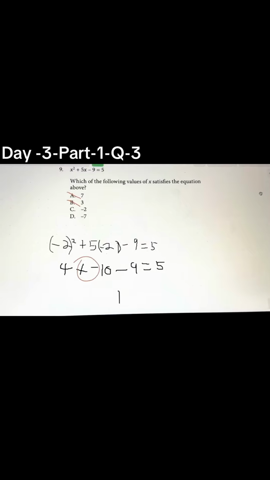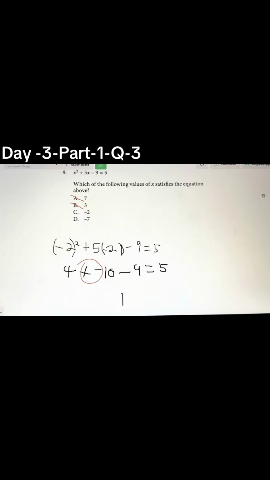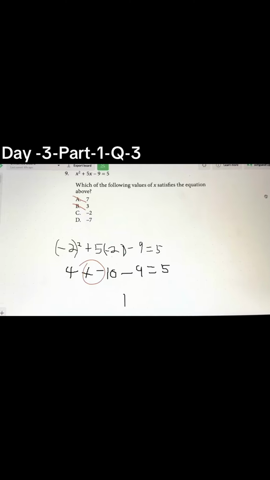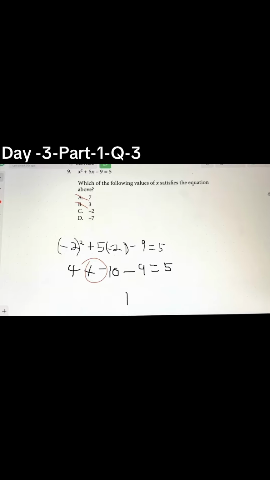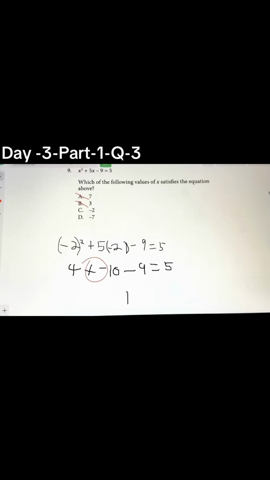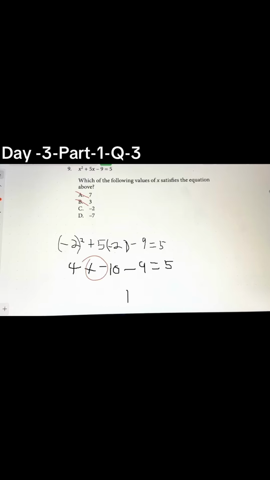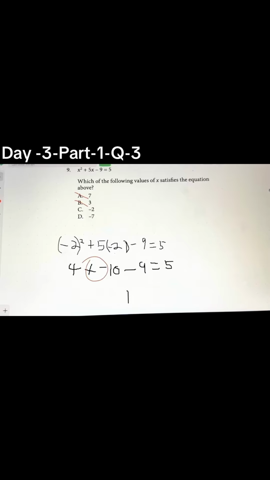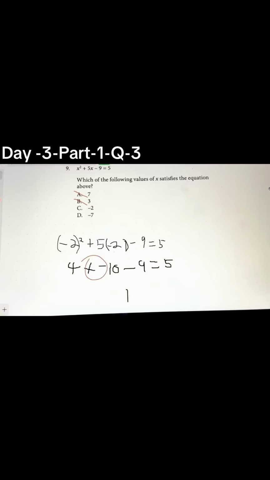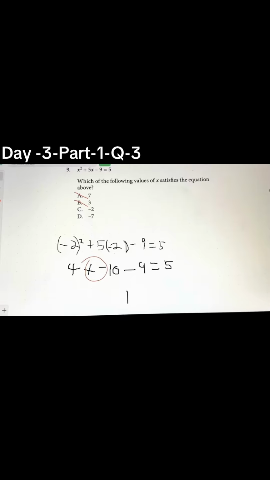Oh, 4 minus 10 is not 6. I don't know why I said that. 4 minus 10 would be negative 6. And then minus 9 is going to be even more negative. I think it's negative 15. Does that make sense, Jackson? Yes. Okay, good. So we can get rid of C.